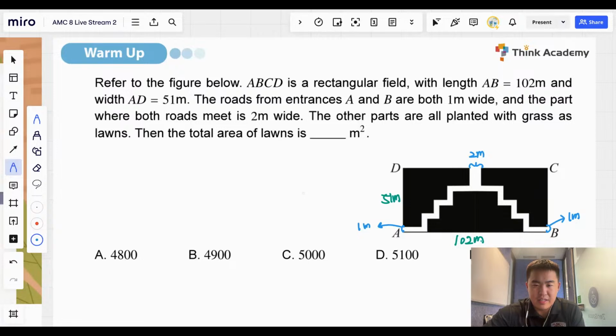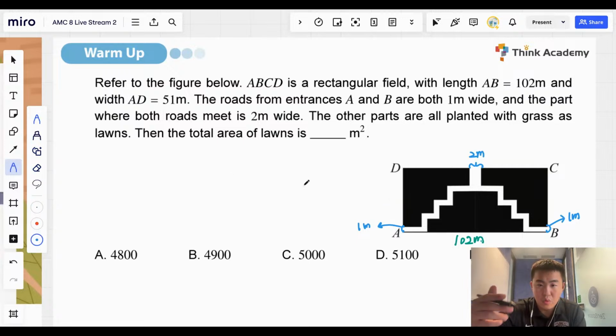Given that the gap is 1 meter at the entrance of A and B, so the entire AD is 51 meters, we know that excluding the gap, this should be 50 meters. So I will erase that part and write down a new number here.